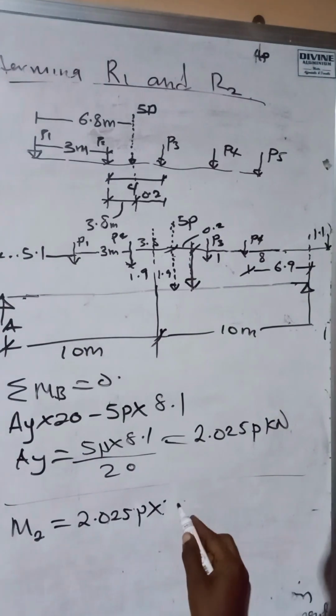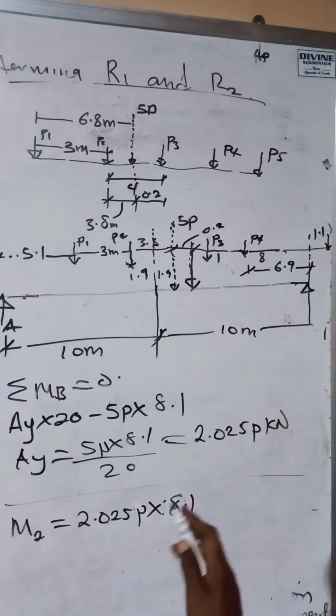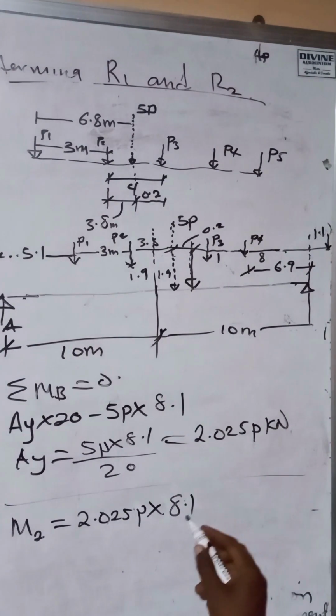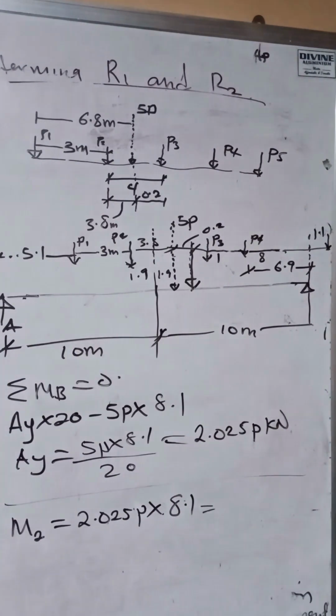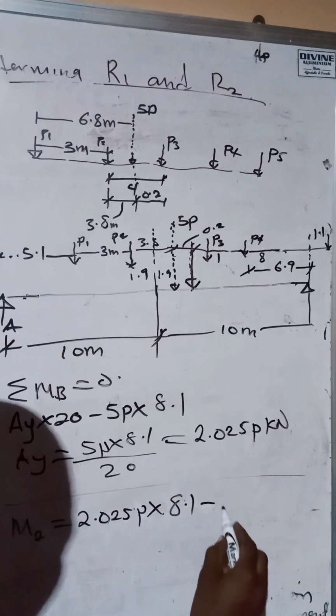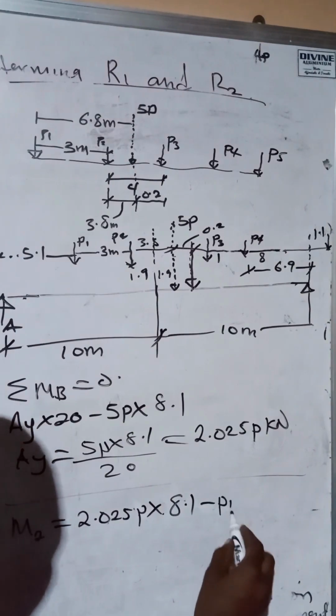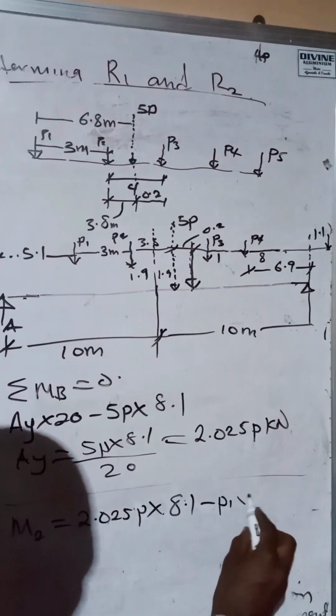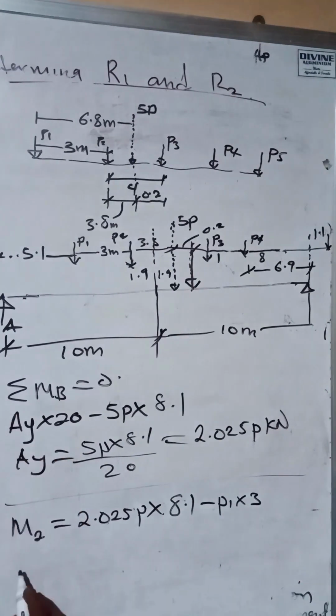So if we multiply 2.25P times 8.1, that will give us the value for moment at P2. Then we subtract the moment of P1, which is P1 times 3.